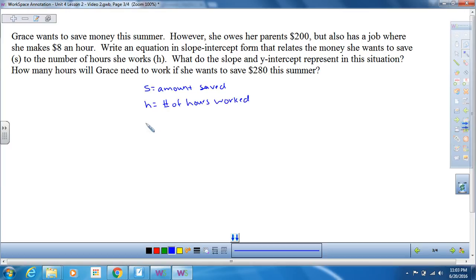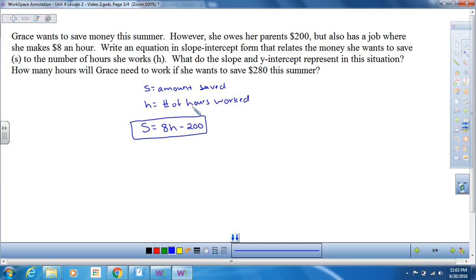Okay, so she's going to save her $8 an hour, so 8H, because that will depend on the number of hours she works. But then she owes her parents $200, so that's not money she can save, so I actually need to subtract that $200 off. Okay, so here's my equation.